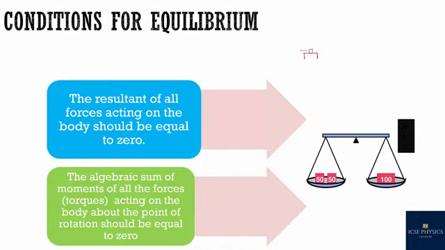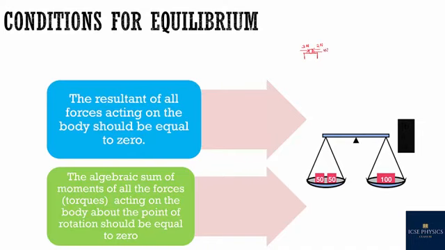Now suppose you have applied 3 Newton force. Here is a person who is applying 3 Newton force with his hand to the bowl, and here are two babies which are applying 2 Newton force on this side and another 1 Newton force.